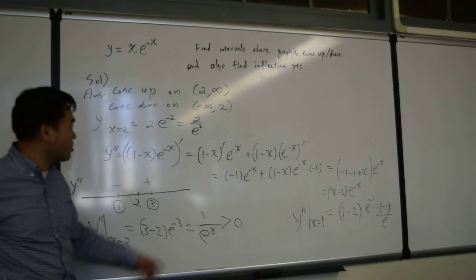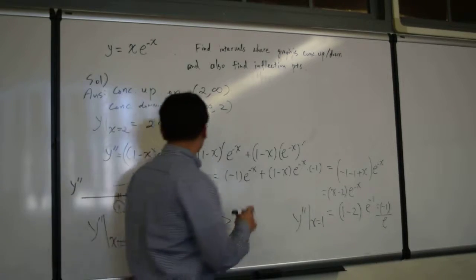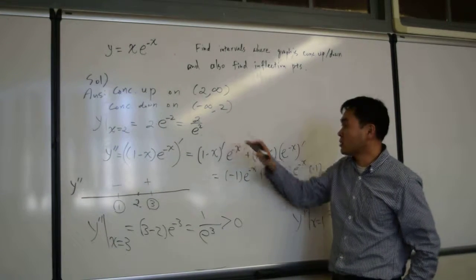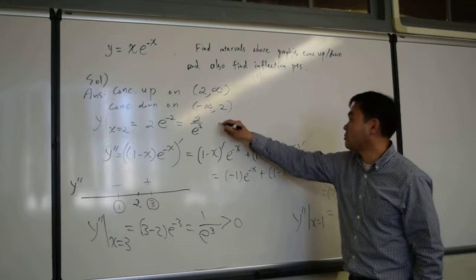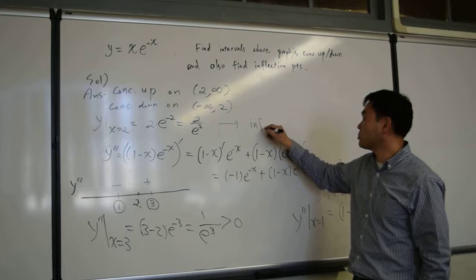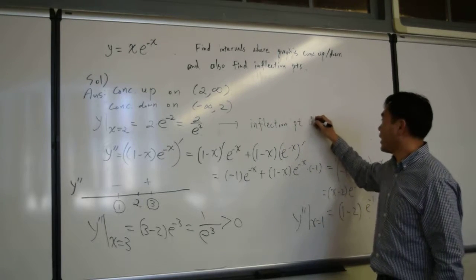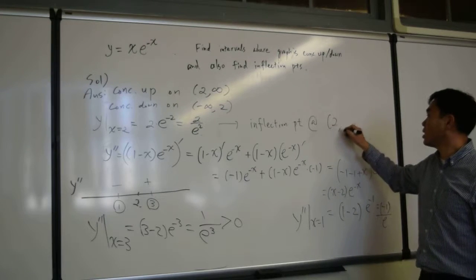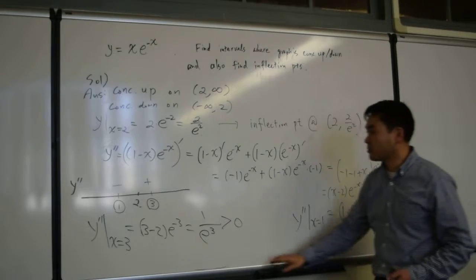But it's optional. You can write it like this, or write it like this. It doesn't matter. So you have 2 over e squared as the y value for x equals 2. That means you have an inflection point at 2 comma 2 over e squared. So that's the final answer.